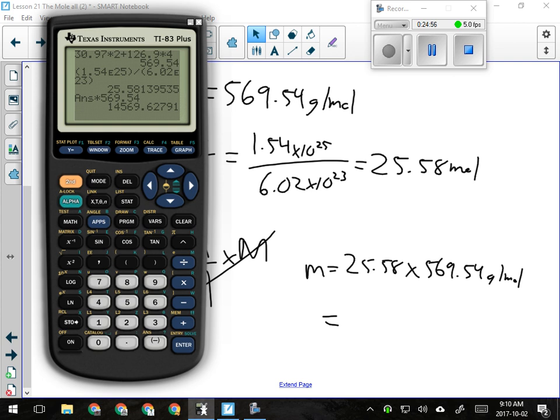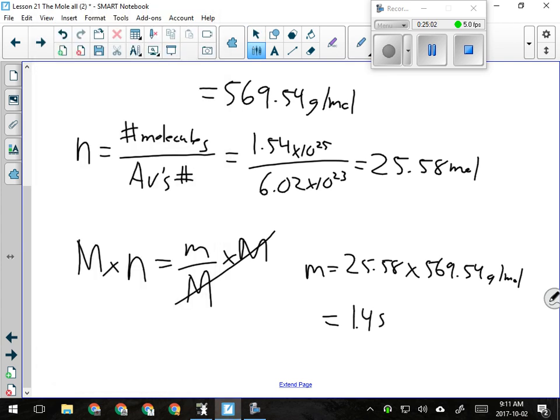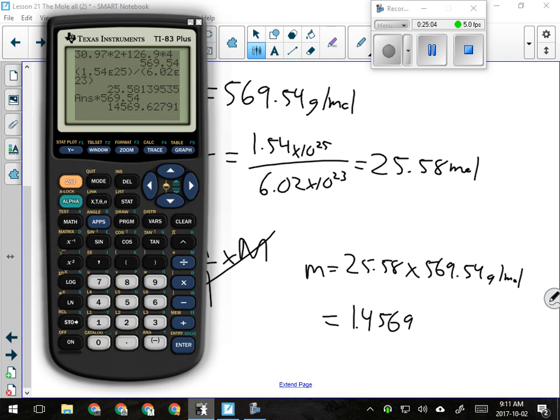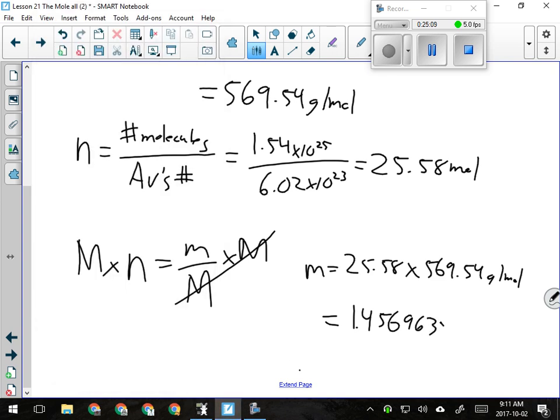Out of force of habit, I always put big numbers in scientific notation. Or you could have also written it as 14.56963 kilograms. Either one would have been fine.